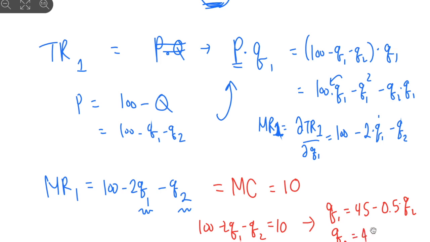It's the same, 45 negative 0.5 times Q1, right? So we have Q1 and Q2 in the equation of each other. So what can we do? We can plug one into the other and solve the equilibrium.